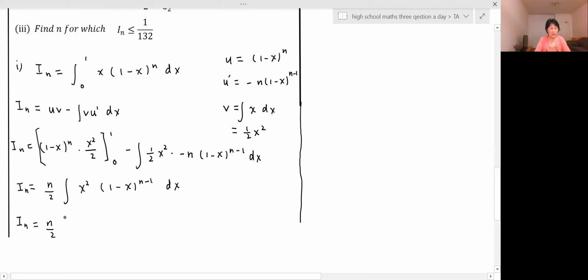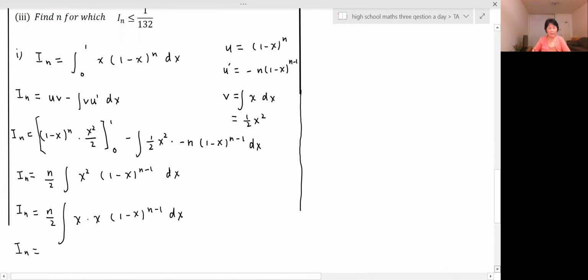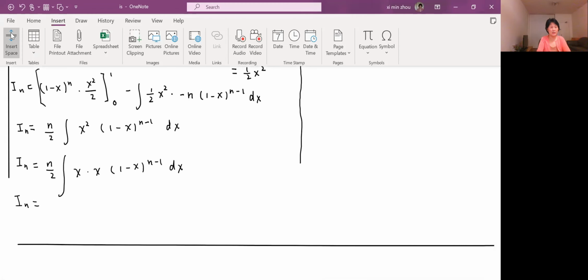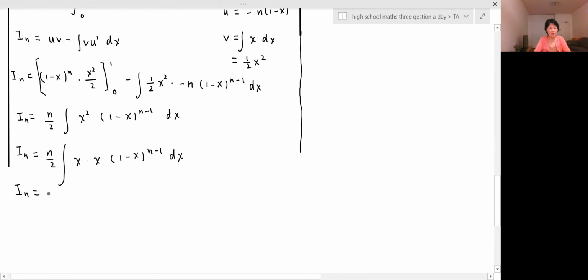Okay, this one, I can make it x times x. Then I_n equals n on 2 of this. This x here, I make it minus x, then in the front I just put the minus positive.